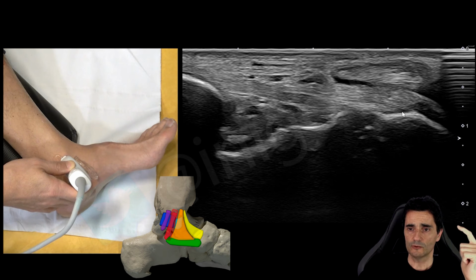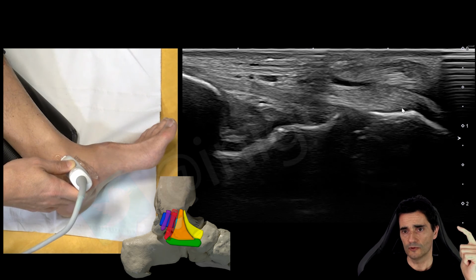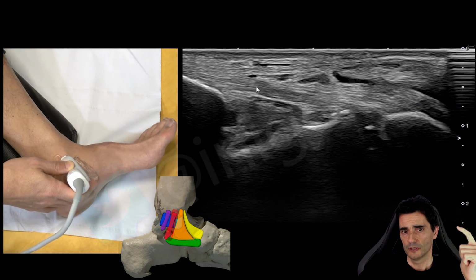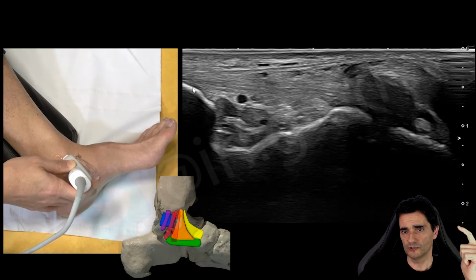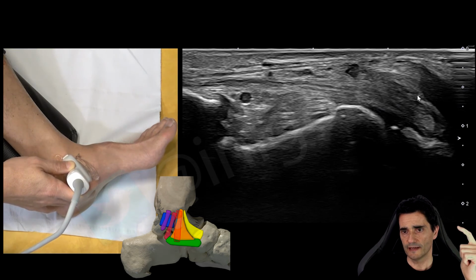Remember, this is the sustentaculum tali on its short axis. Ahead of the sustentaculum tali, we will notice the spring ligament just here. And as we go anterior, some fibers go from the tibia to this area here.